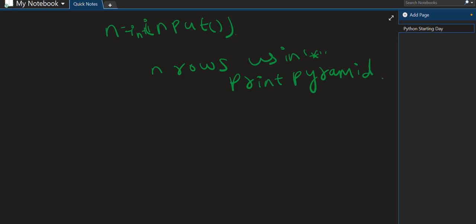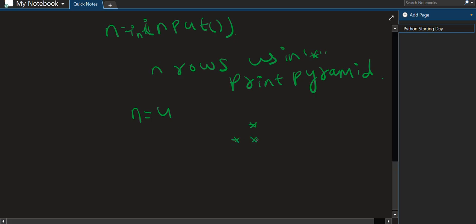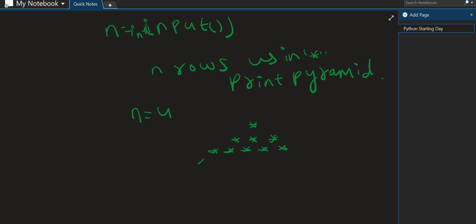What they mentioned in that question is, given n equal to 4, the pattern was like this.